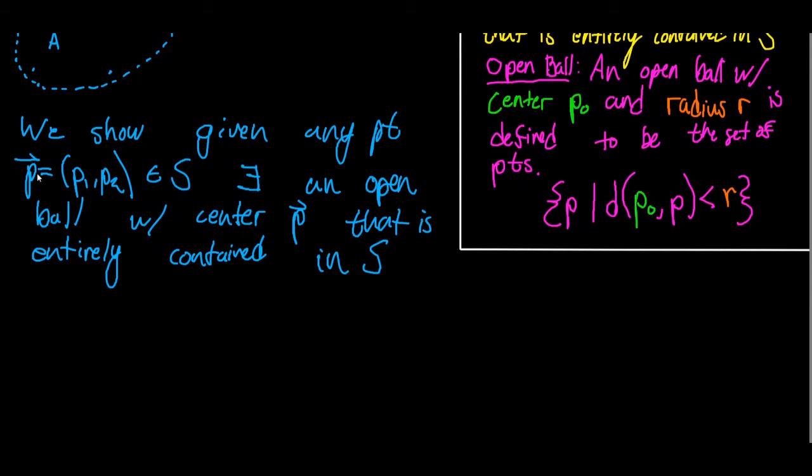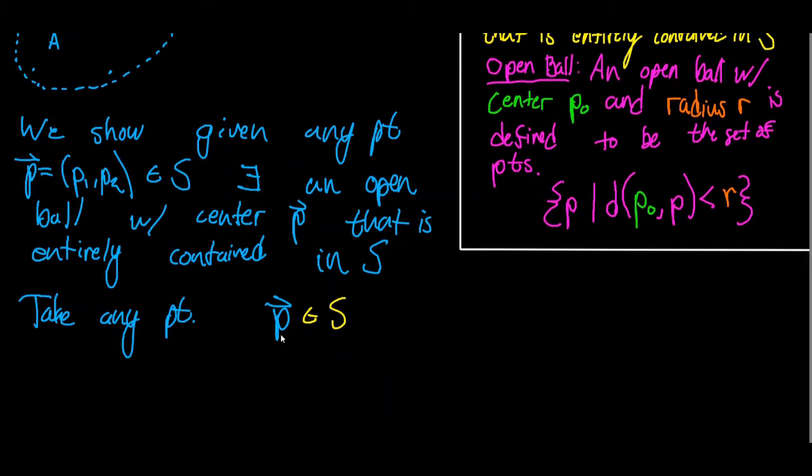How do we show that there exists an open ball with center P that is entirely contained in S? Well, let's take any point P in S. If I can show that there exists an open ball with center P that is entirely contained in S, then I'll be done.